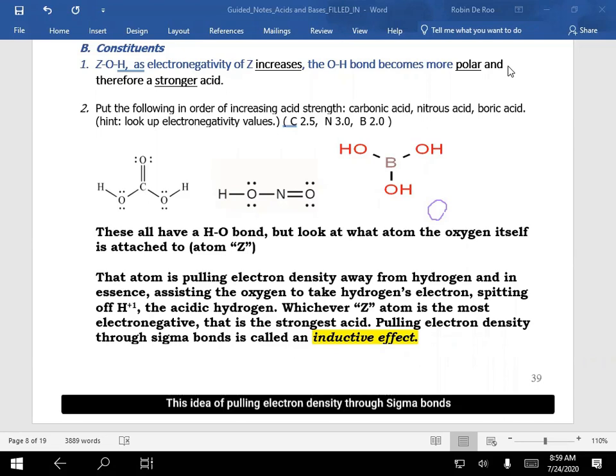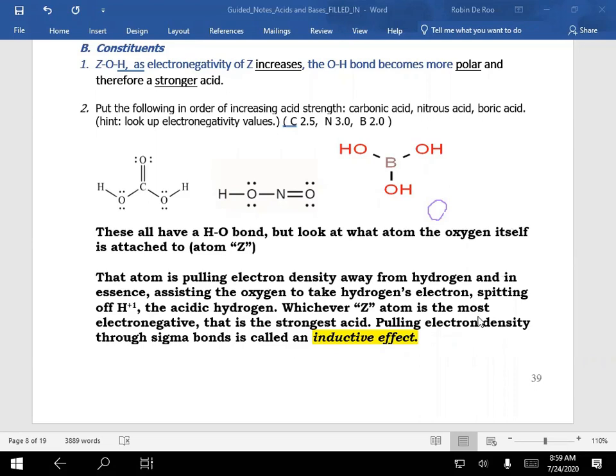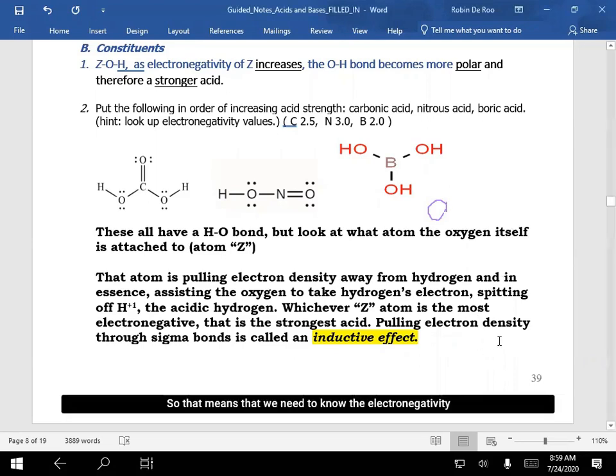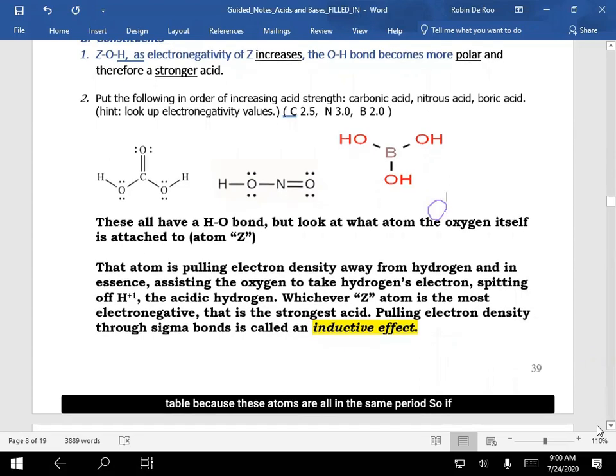This idea of pulling electron density through sigma bonds is called an inductive effect. So that means that we need to know the electronegativity values, or you could really use the trends in the periodic table because these atoms are all in the same period.